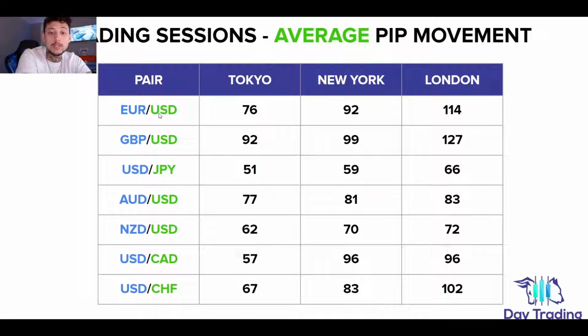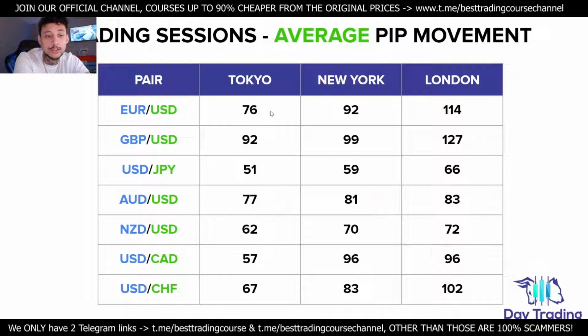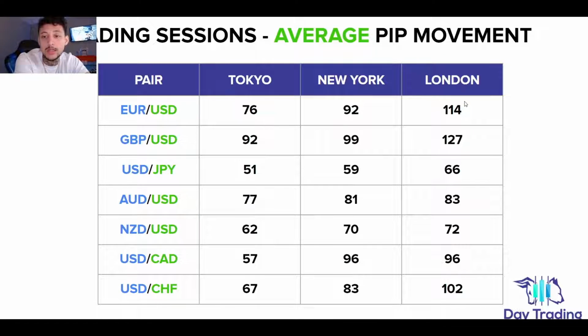If we look at EUR/USD during the Tokyo session, we have a 76 pip movement on average. New York is 92 pips, and then London is 114 pips. So the average pip movement for EUR/USD is biggest in the London session. That should tell you that if you want to catch the biggest moves for EUR/USD, that's going to happen during the London session.